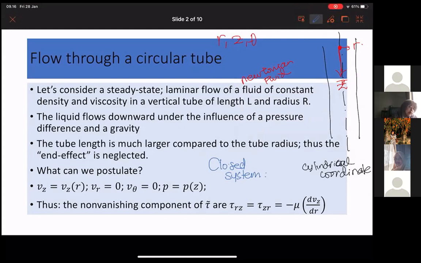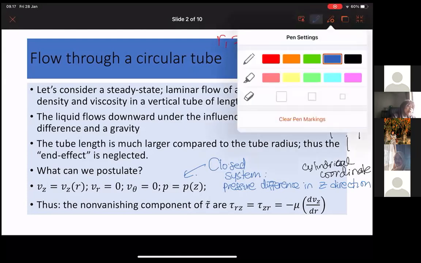So on the closed system, like inside this pipe, we have the pressure P, but it's a function of z.